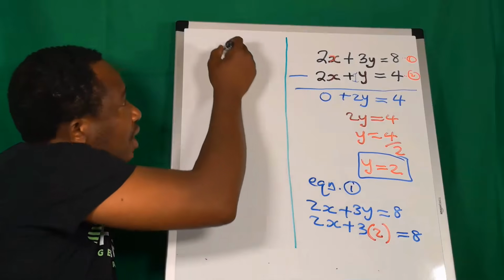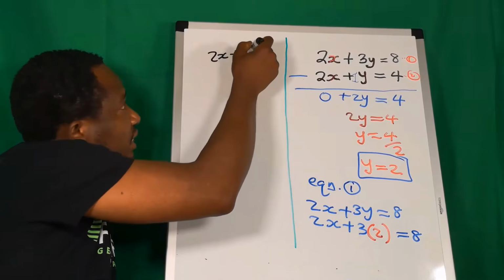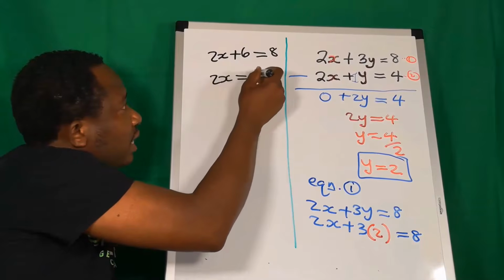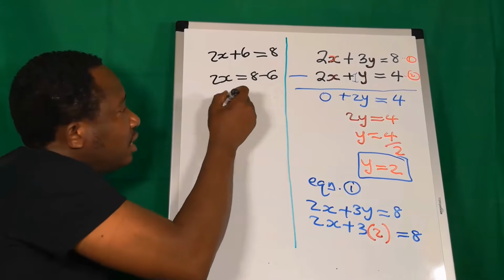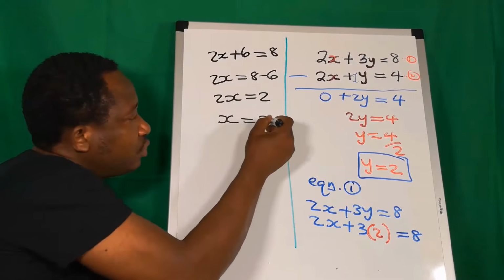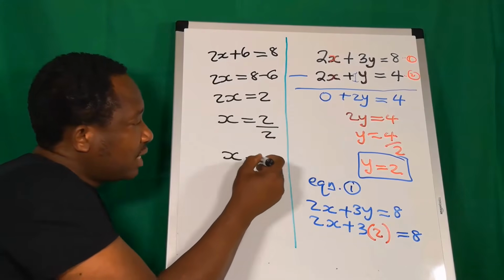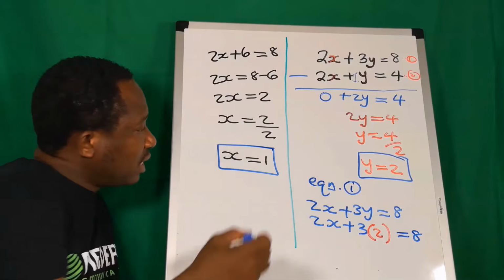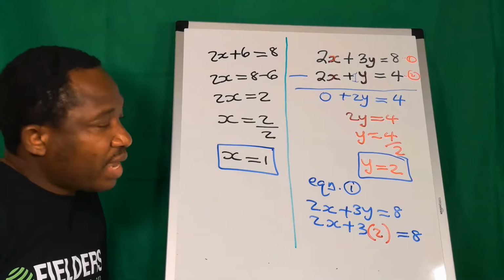Next, I will have that 2x plus 6 is now 8. So 2x is 8 minus 6, and 2x is now 2. x is 2 divided by 2, and x is 1. You see, we have that x is 1 and that y is 2.